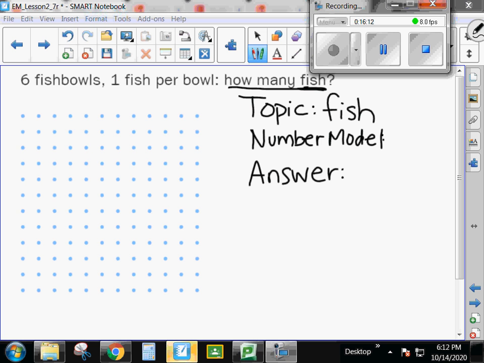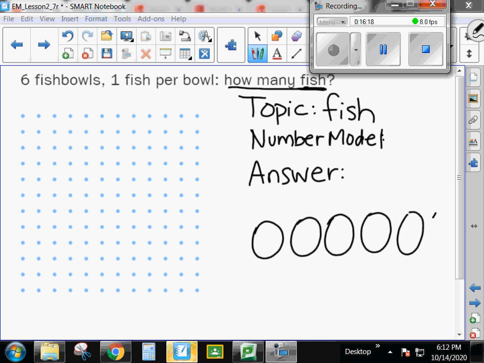And now what would be our number model? If I drew this out, if I have 6 fish bowls and there's 1 fish per bowl, what would be my number model? Well, I have 6 groups of 1. Well, right here you can probably see my answer, right? 6 groups of 1.